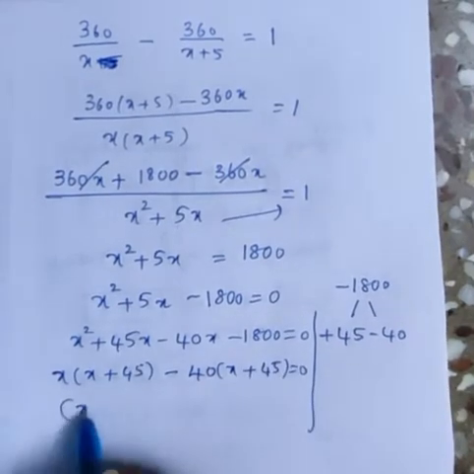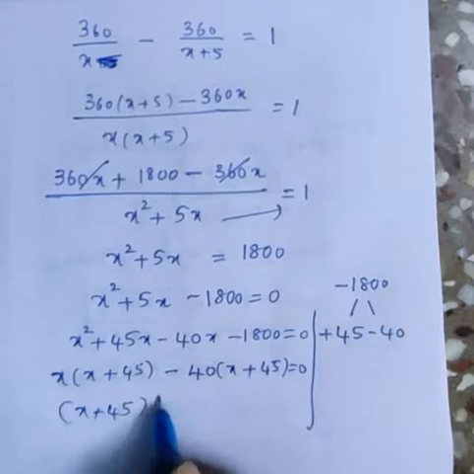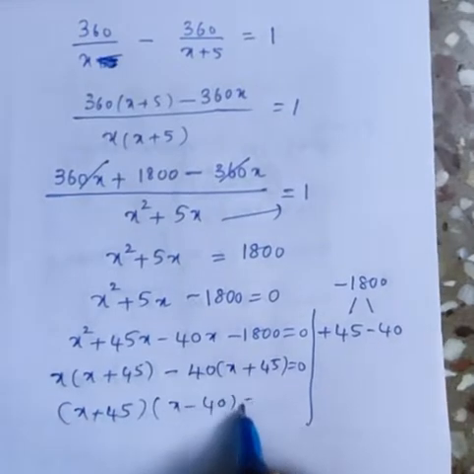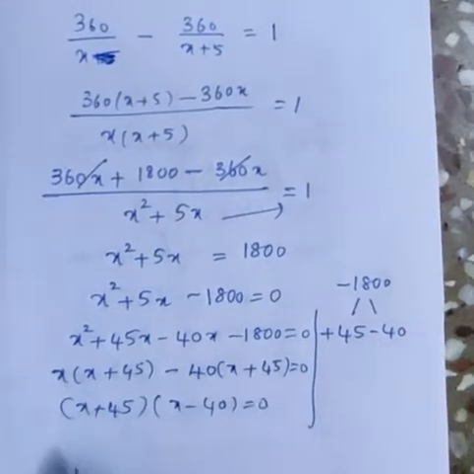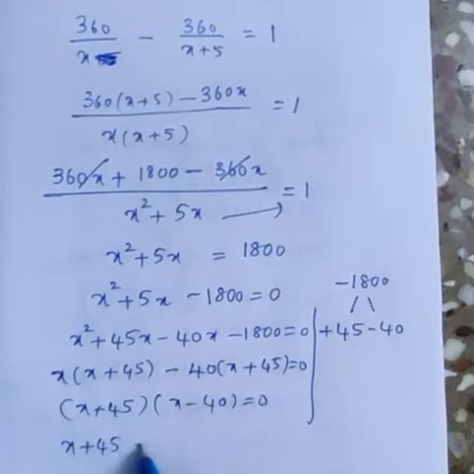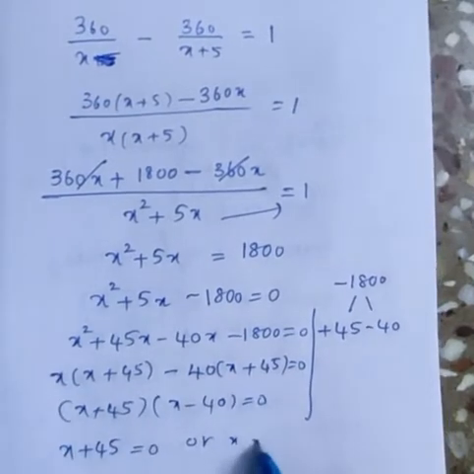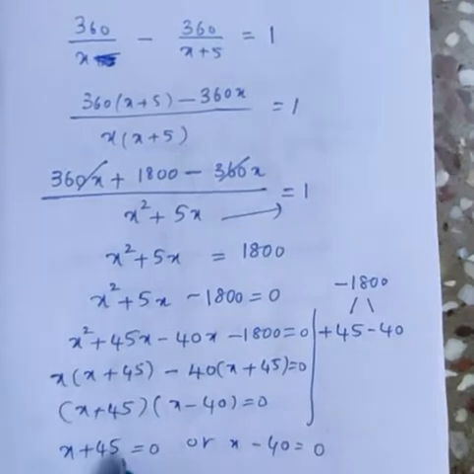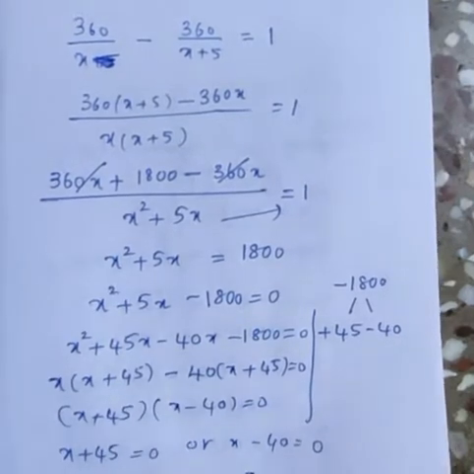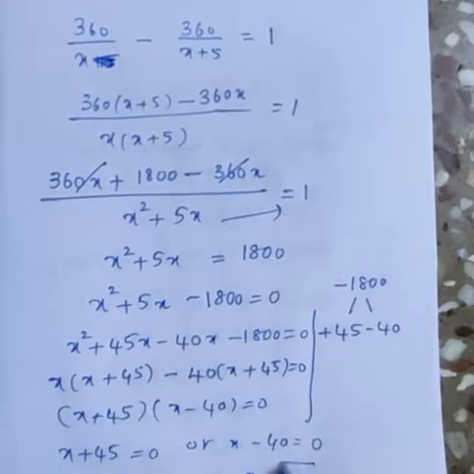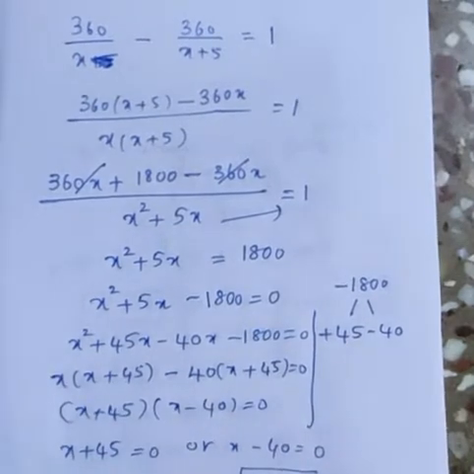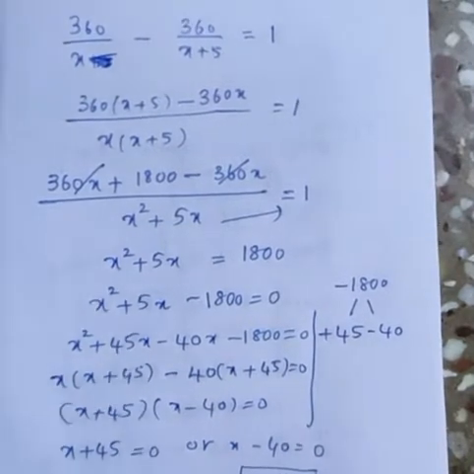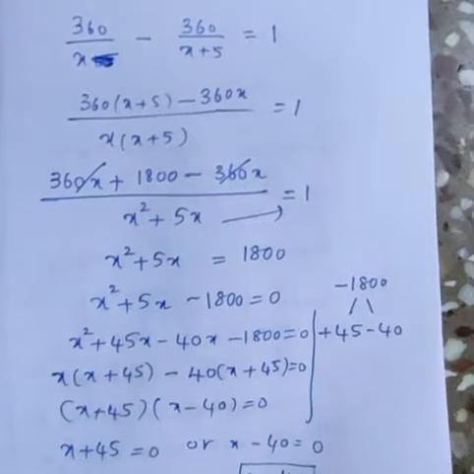So x plus 45 into x minus 40 is equal to 0. So that is x plus 45 is 0, or x minus 40 is equal to 0. That x is minus 45, or here x is going to be, when you shift it, 40. So therefore the speed is equal to 40 km per hour.